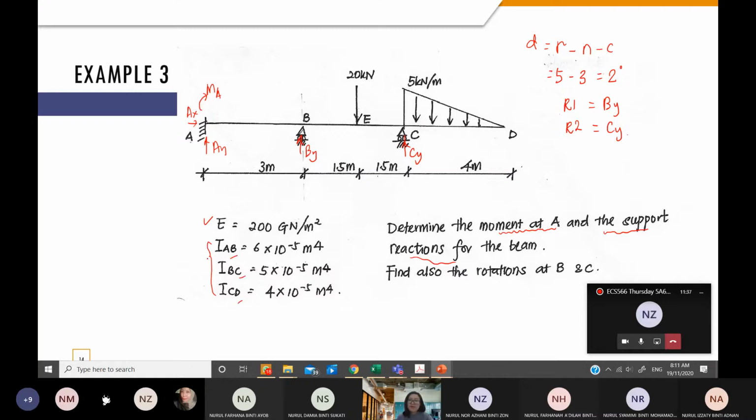This is due to the different sizes of the sections. From the design, they might need a greater size for bending resistance in AB, then BC, and a lesser size for CD.